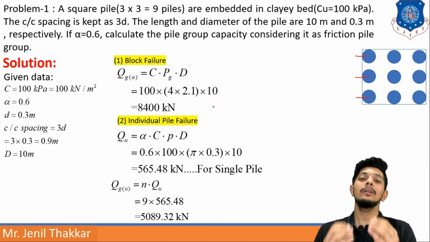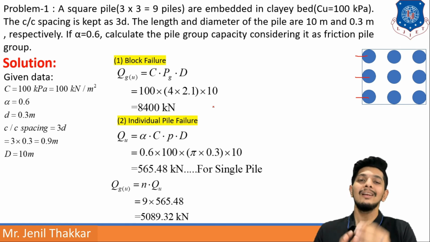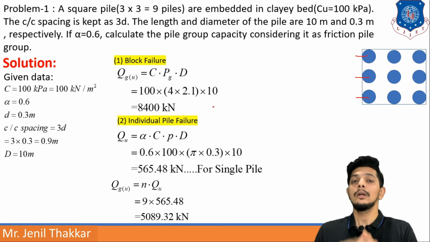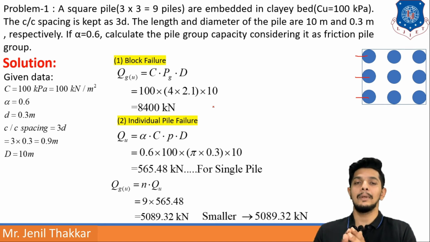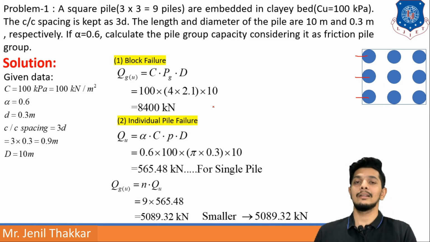But when you are going to design in the field, you should take the lesser value of both of them to be on the safe side. So I will take the total capacity of these 9 piles as the smaller of these two values, and it is 5089.32 kilonewtons. So that's it for this problem.